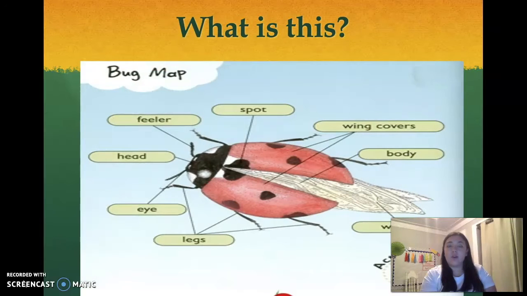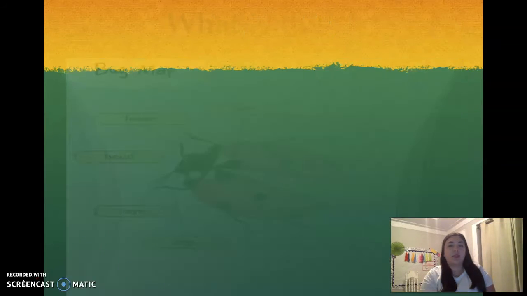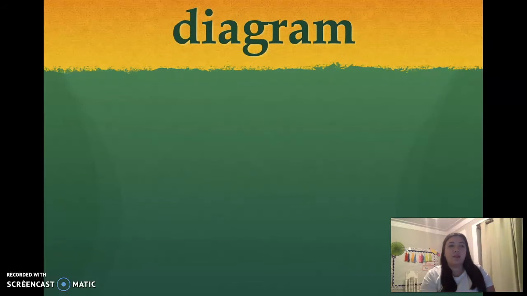Do you know what this text feature is? Let me give you some time to think. So this text feature is called a diagram. A diagram is a labeled picture that shows us parts of something.